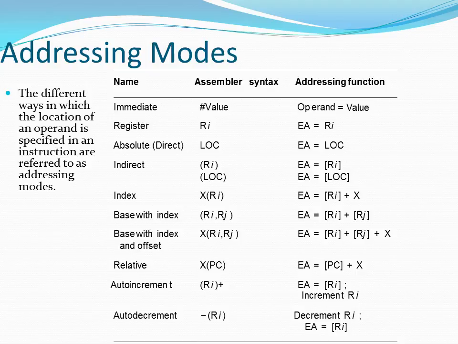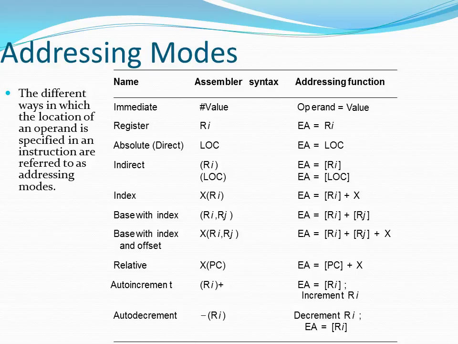And coming to the index addressing mode, how can we represent it symbolically? X of RI. What is RI? It is a general purpose register, and X is some numerical value, a constant. So what is the effective address? For example, RI holds 1000, and the operand is not at 1000 but at 1000 plus the X value.